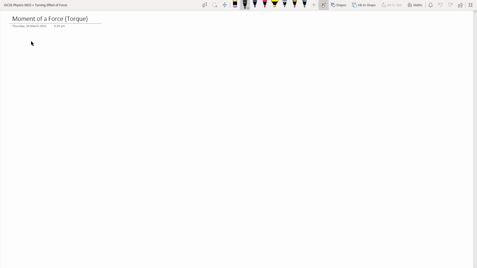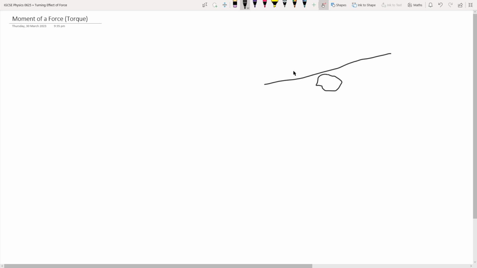So what is moment? We all know moment from our old topic. If you remember, if there was a small stone and we put a long bar over here, we can lift a heavier object by using this long arm, right?